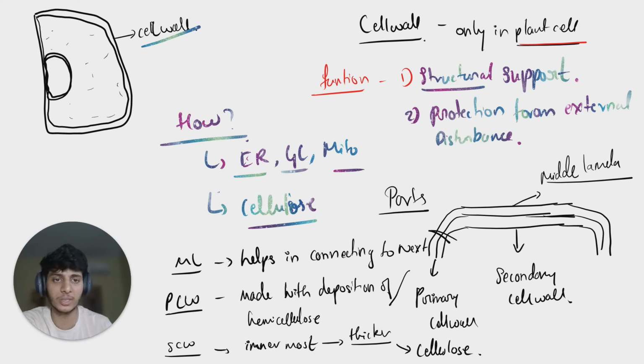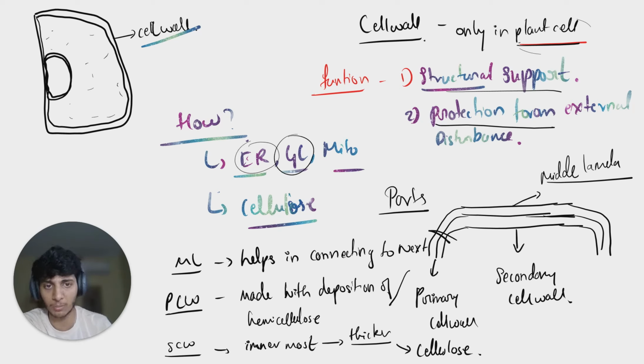So we understand what the cell wall is. It is only present in plant cells. Its function is to provide structural support and protection from external disturbances. It is made with the help of the endoplasmic reticulum, Golgi complex, and mitochondria, with the material cellulose.